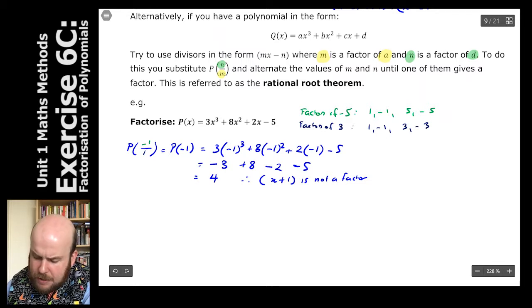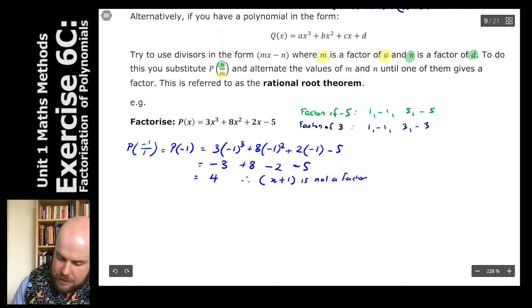I'm going to try using a negative number. Again, I'm going to use my instincts here that it would be something divided by 3. I reckon we might have to use this fraction here. So I'm just going to try -5 over 3.